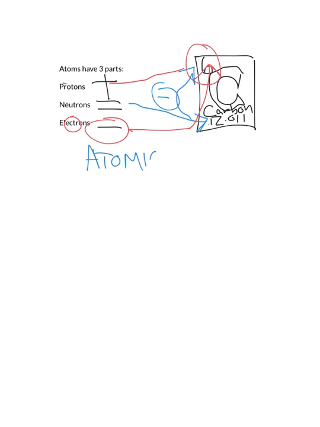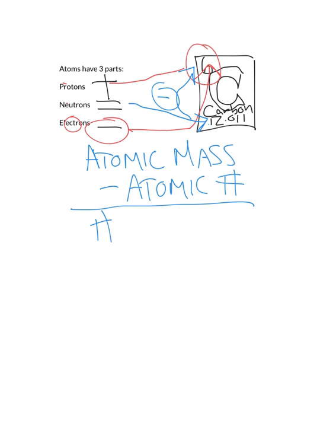What you're looking for is that the atomic mass tells us the number of total particles in the atom. And then you round it to the nearest whole number because the electrons are so small they don't matter. Then you do atomic mass minus atomic number, and that gives you the number of neutrons.